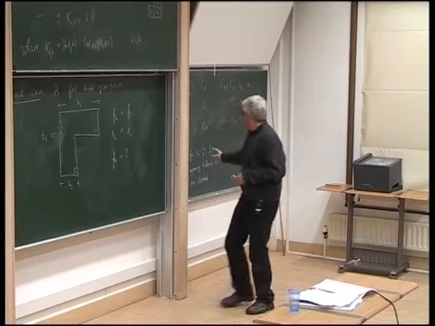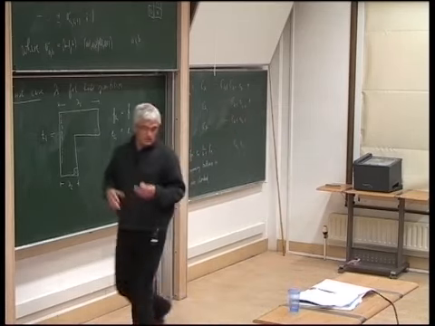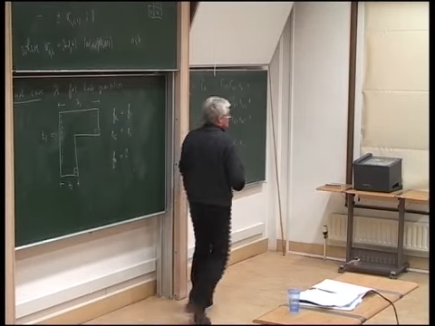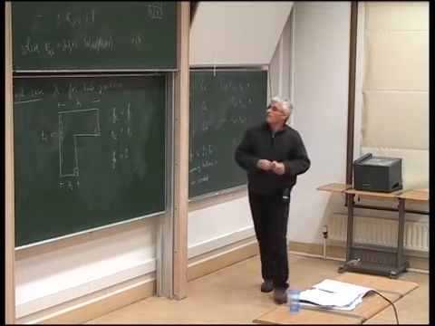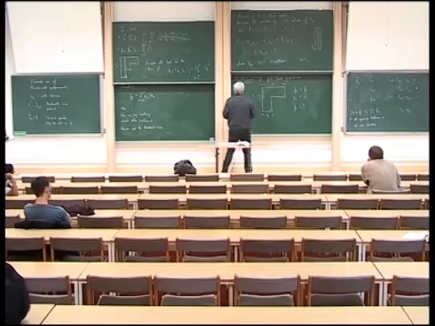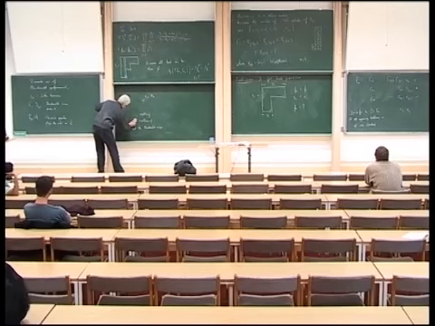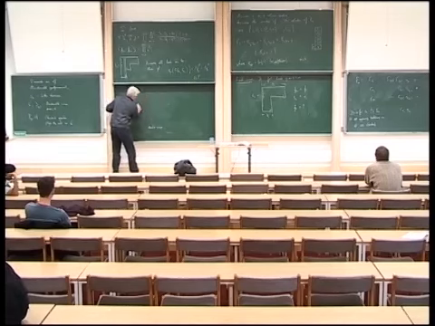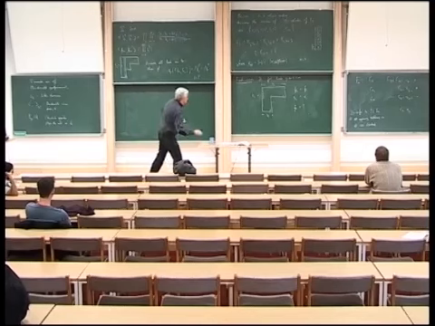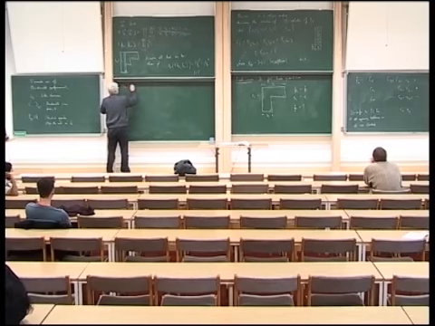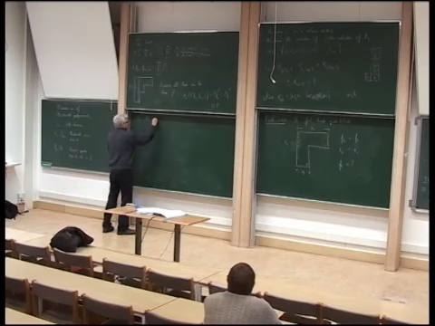And this formula can also be generalized. It generalizes to arbitrary partitions in a very straightforward way. But I'll just do an example so you see. So the theorem generalizes.